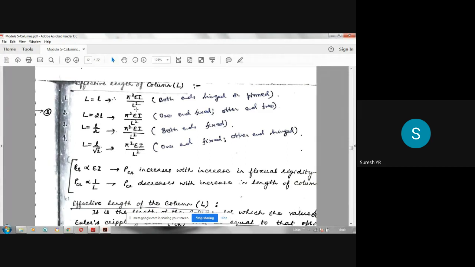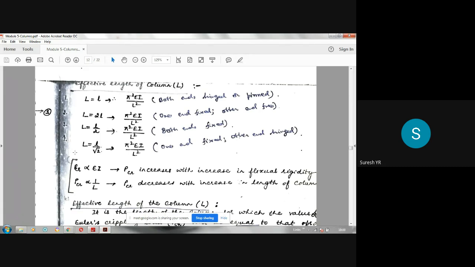But it is inversely proportional to effective length, because L square is in the denominator. So PCR increases with increasing flexural rigidity, and it decreases with increasing length of the column, naturally. Okay. So as the length of the column increases, the strength of the column reduces. As the flexural rigidity increases, the strength of the column also increases.